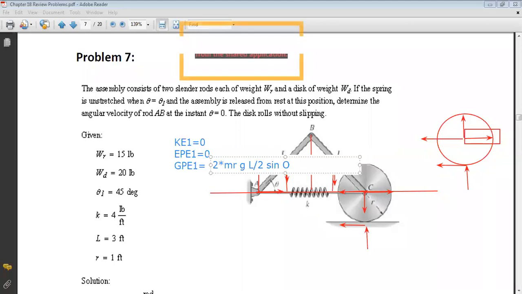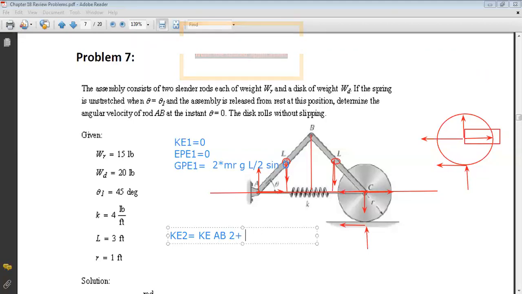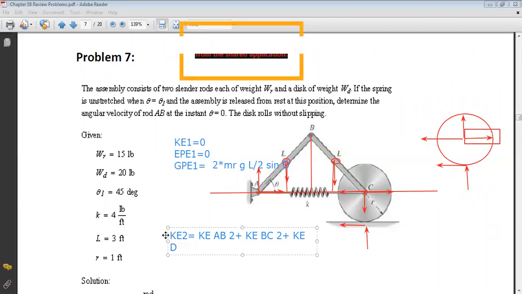Now I can move to state 2. At state 2, what do I have? First, the kinetic energy of my system will be equal to the sum of kinetic energies of the different components of my system. So I will have kinetic energy of rod AB at state 2 plus kinetic energy of rod BC at state 2 plus kinetic energy of the disk at state 2.